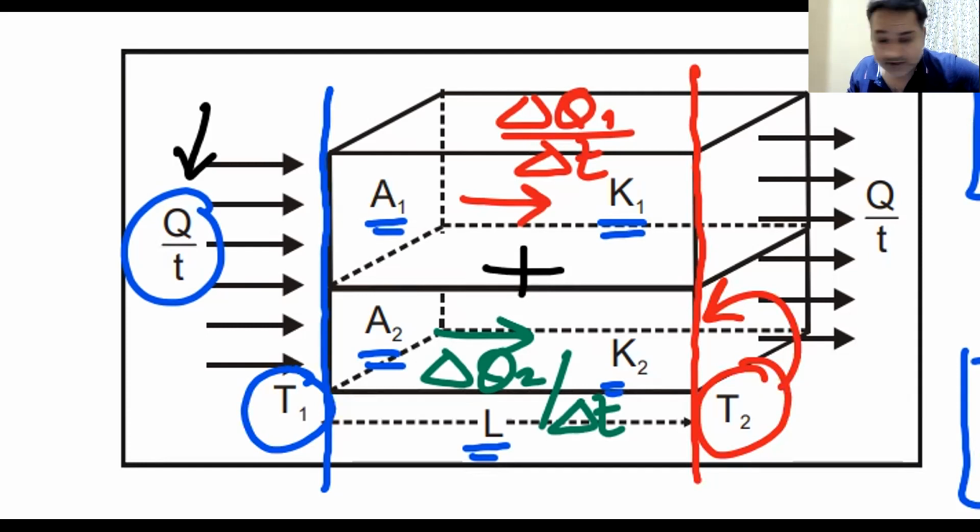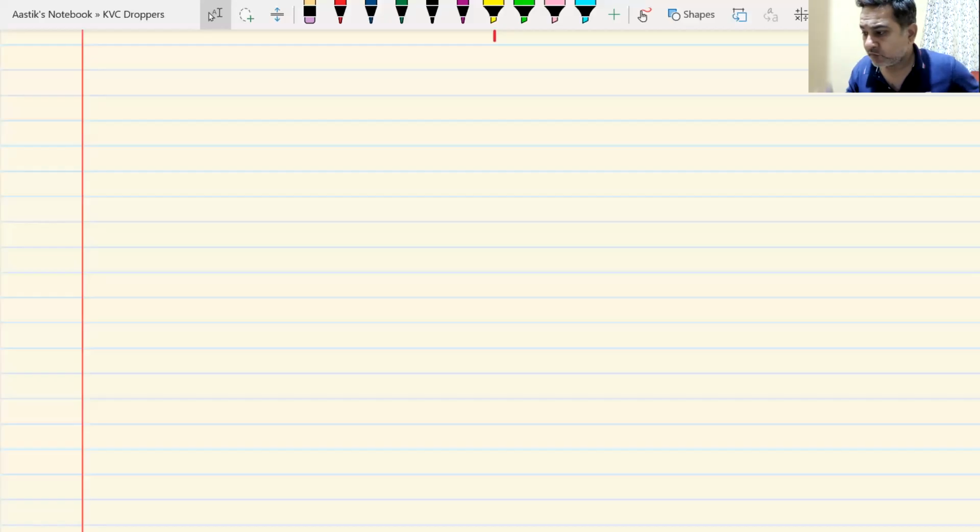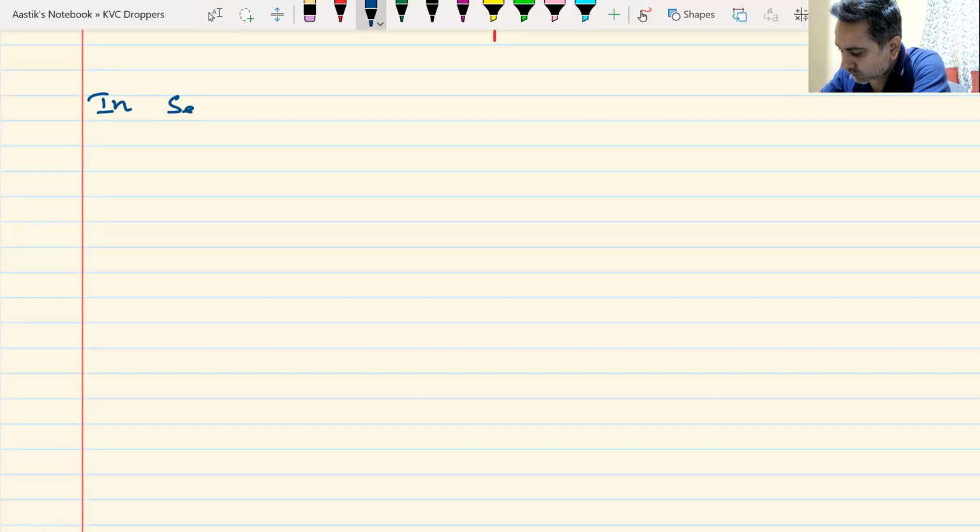I'll give you 1 minute first to draw what is there in the diagram. Can you see this, bacha? The screen, my screen. Remember, in series connection, and you will note this down. In series connection, what happens? It is written in blue.